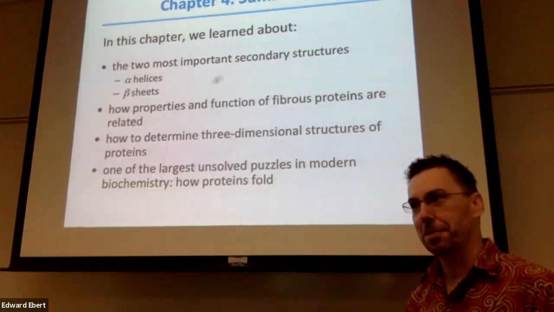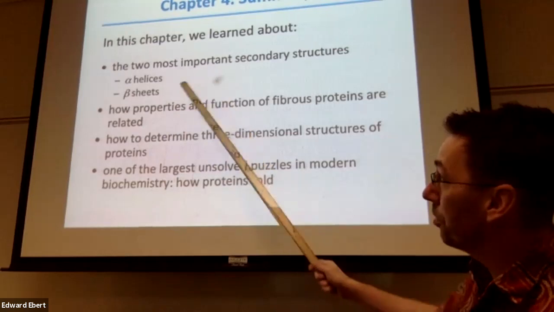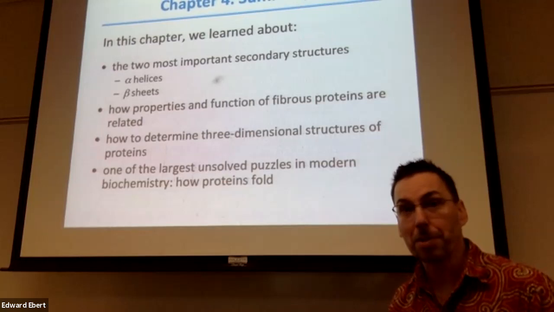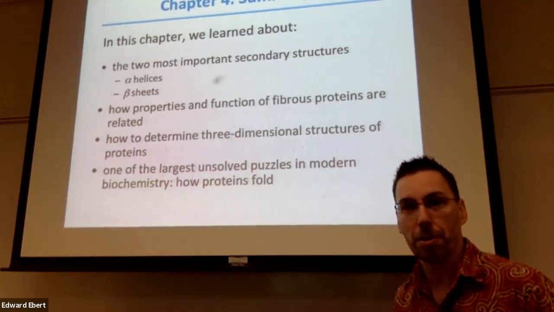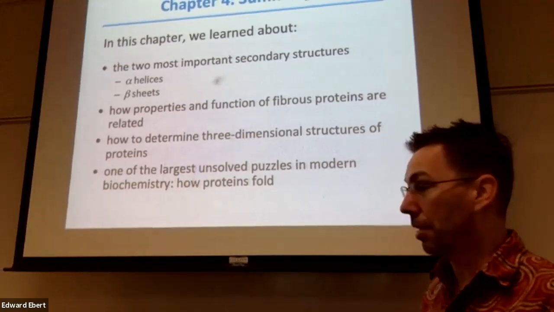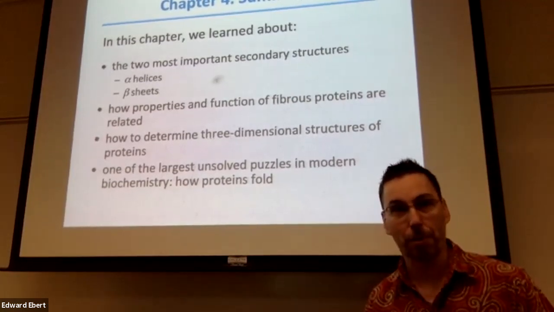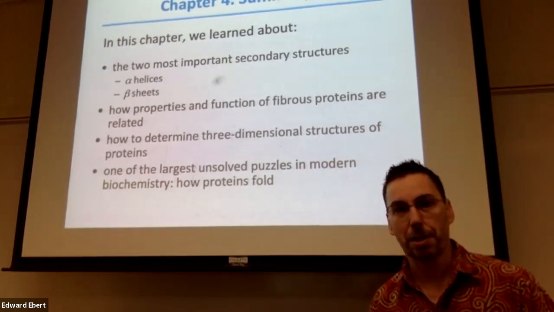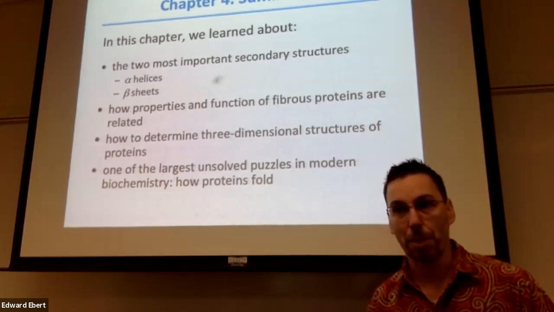So this is our significant chapter in here. We're talking about structure, talking about alpha helices, beta sheets, talking about tertiary structure there, properties of fibrous and globular proteins, how we actually determine the overall structure, and how proteins fold. I should say that that folding is still not terribly well understood for a large number of proteins. I know every year there's contests to predict the folding of a protein using a variety of computer models.